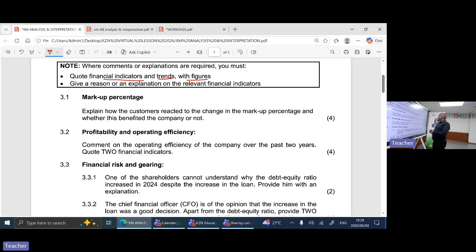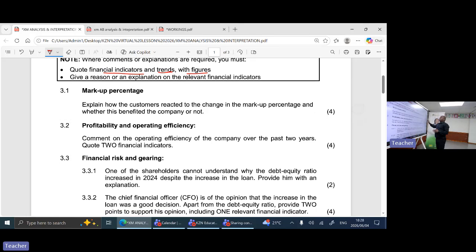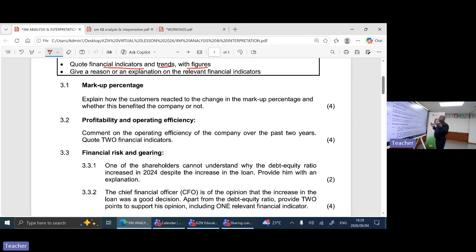Markup percentage. Explain how the customers reacted to the change and whether this benefited the company or not. Okay, so we will look at markup lapana, but markup and how the customers reacted to the change in markup.